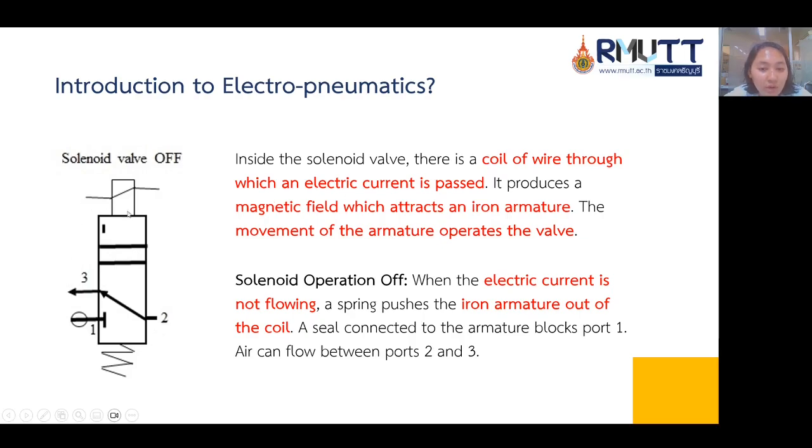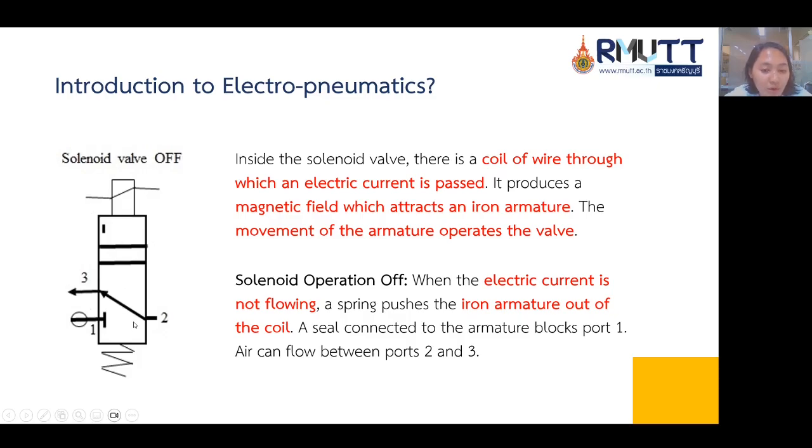Inside the solenoid valve, there is a coil of wire through which an electric current is passed. It produces a magnetic field which attracts an iron armature. The movement of the armature operates the valve.